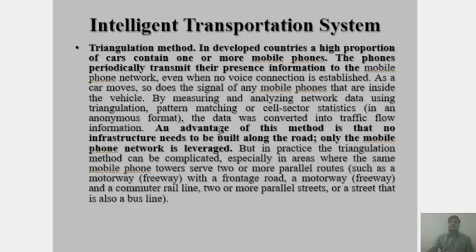But in practice this triangulation method can be complicated, especially in areas where the same mobile phone towers serve two or more parallel routes, such as a road geometry with a frontage road, a motorway or commuter rail line, or parallel streets.